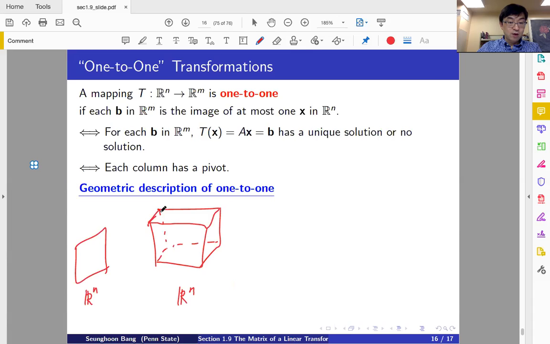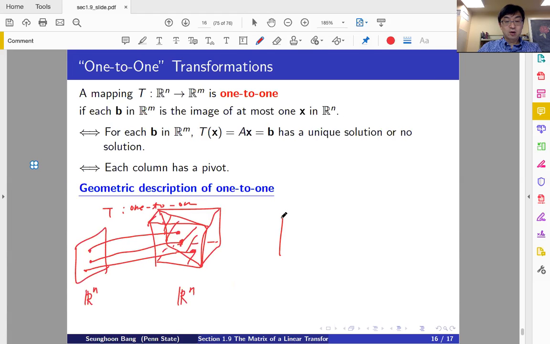You can define the range; this part is the range. You can choose x1, x2, x3. x1 goes to some point, x2 goes to another one, and x3 goes to another one. What does it mean? The function values are totally different. This is one-to-one.